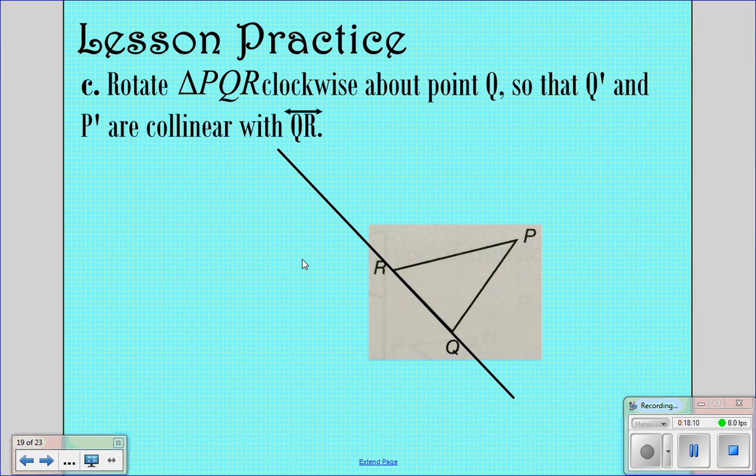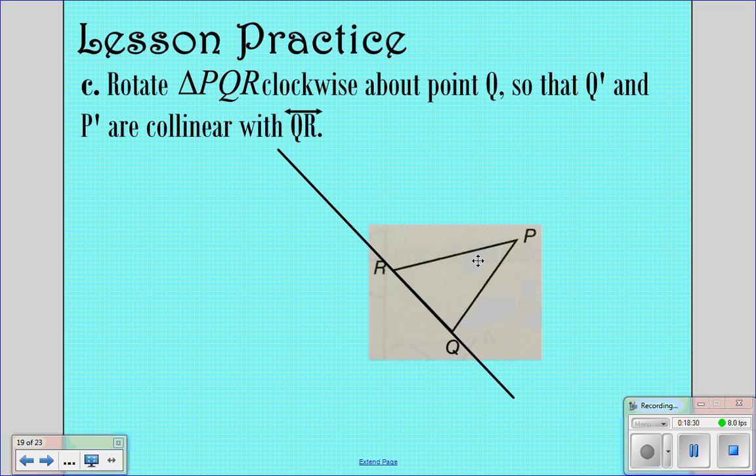So it says that we want Q prime and P prime on the line that is QR. Okay? So I went ahead and drew a line there with the computer so that I would have a straight line. And we want to rotate it about point Q.